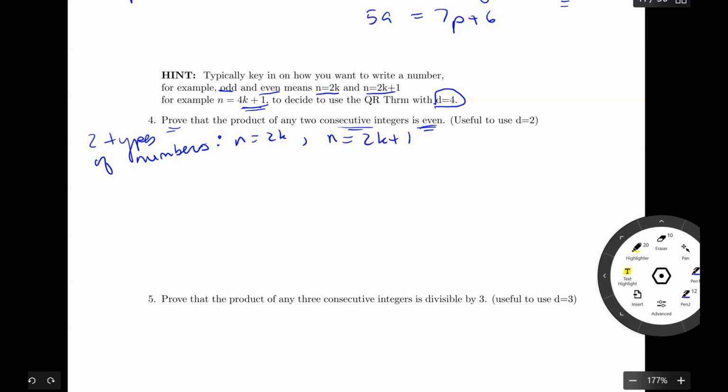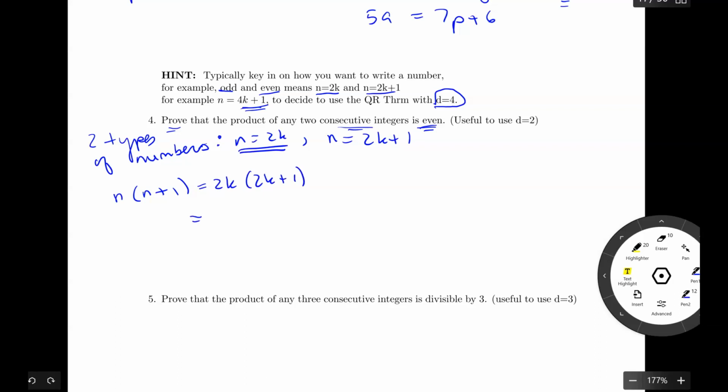That's how I'm breaking it up, because in the end I want to find even. The product of two consecutive integers means n times n plus 1. If I'm using the n equals 2k case, this gives me 2k times 2k plus 1.